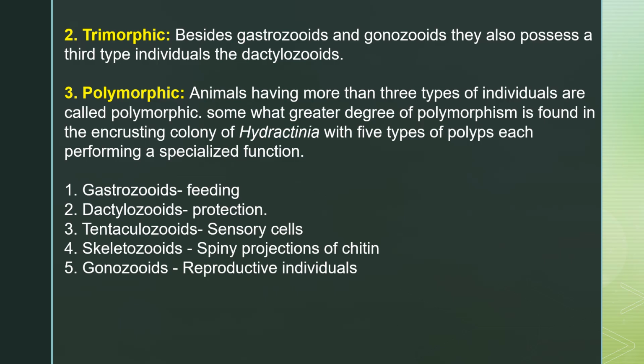Somewhat greater degree of polymorphism is found in the encrusting colony of Hydractinia with 5 types of polyps, each performing a specialized function. Gastrozoids are for feeding, dactylozoids are for protection, tentaculozoids are for sensory functions, skeletozoids are the spiny projections of chitin, and gonozoids are reproductive individuals.